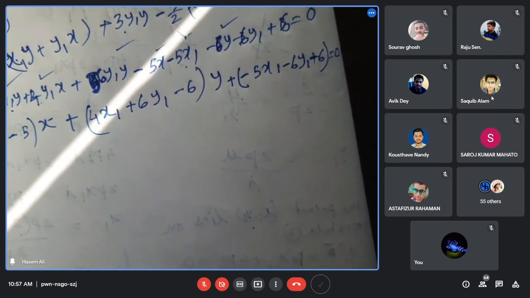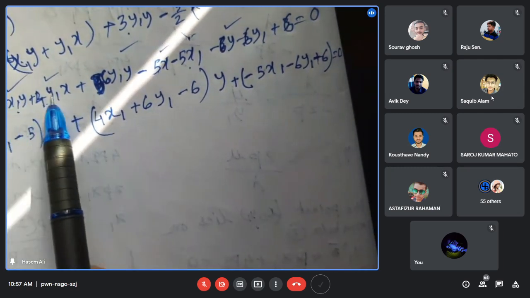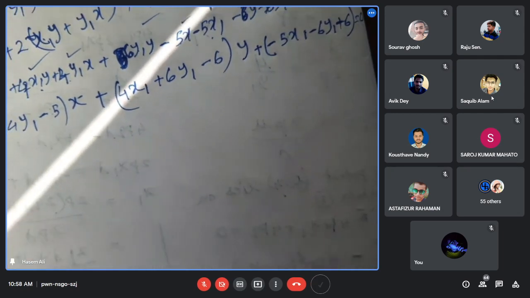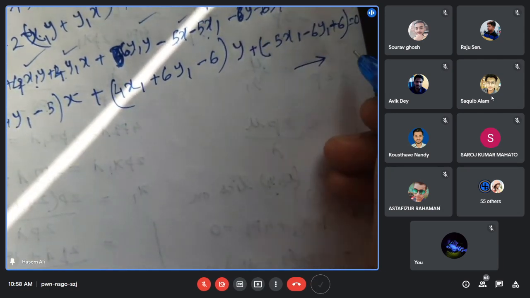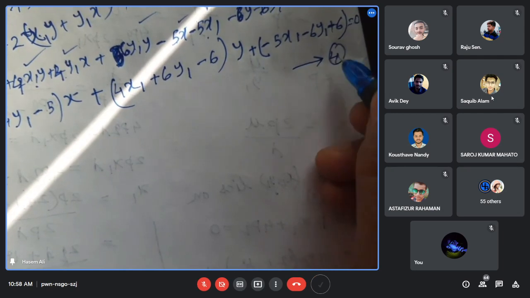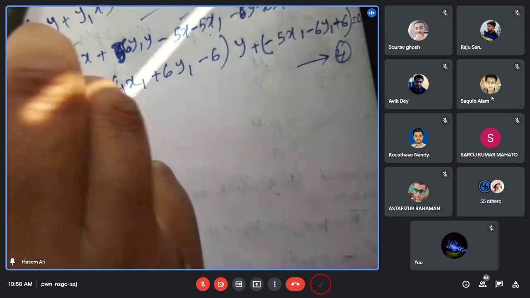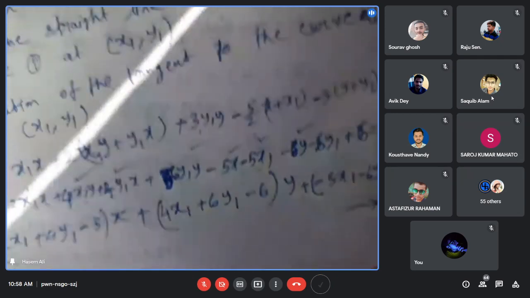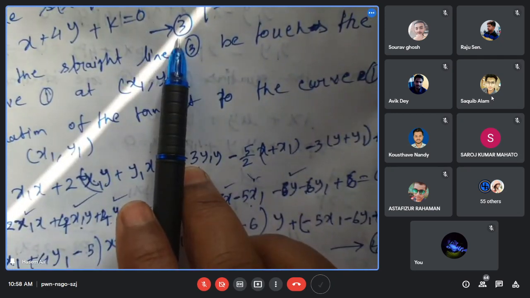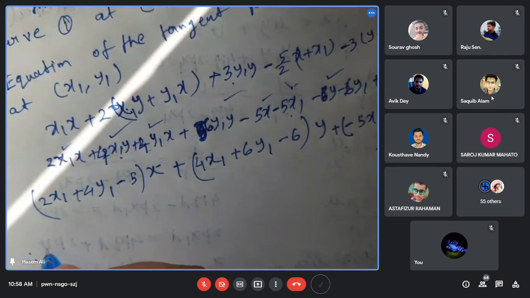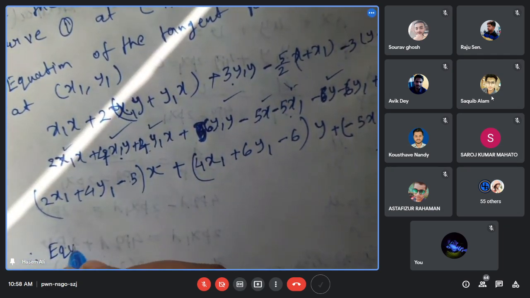Okay. So this is our equation 4. Therefore equation 3 and equation 4 are identical.